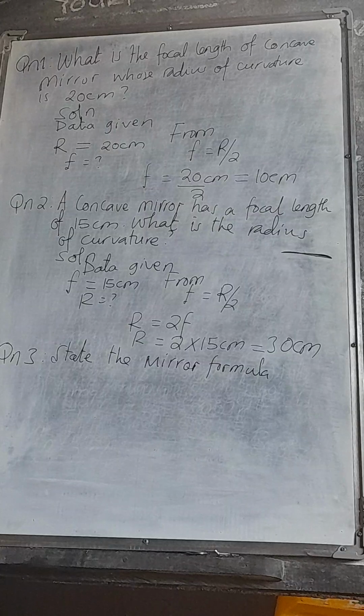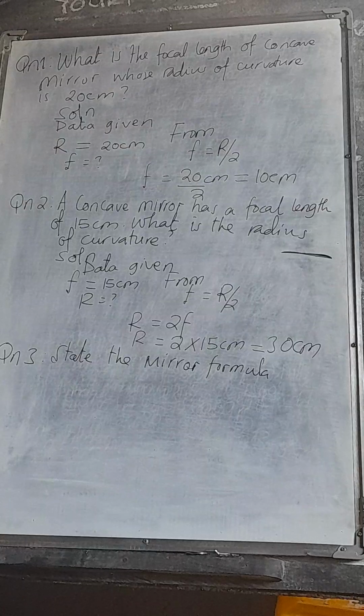Remember, we are talking on the part of light, and specifically, we are talking about concave mirror questions. So today we are going to solve very, very important questions based on the concave mirror.